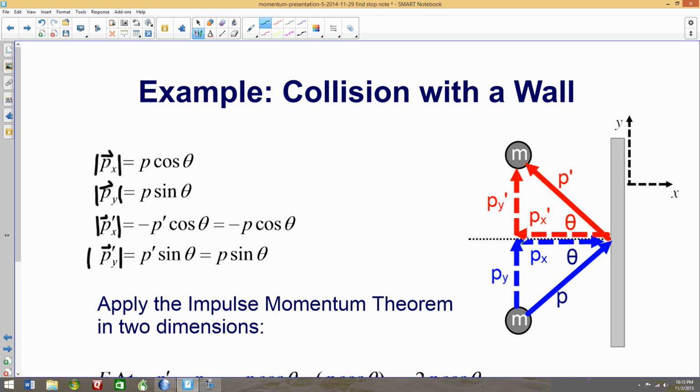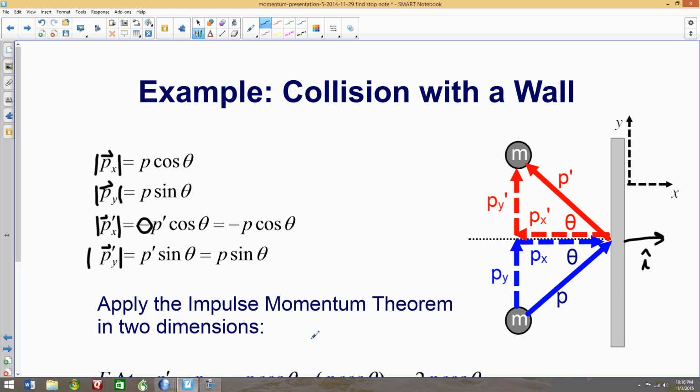So if we treat this as going in the x direction, this way, plus i hat, then you can see that px prime is going west instead of east, and that's where the negative comes from here. Okay? Now, if we look at py, we can see that py goes up, and py prime also goes up. So they're both going in the j hat direction.